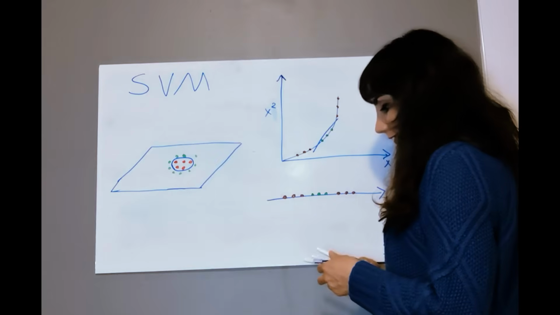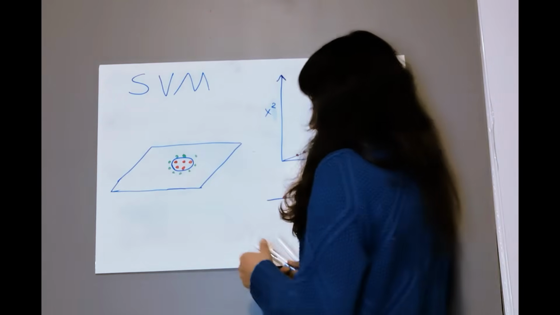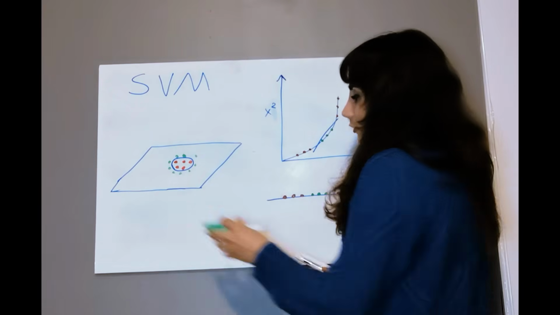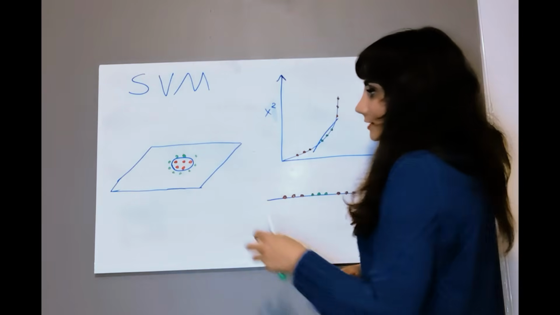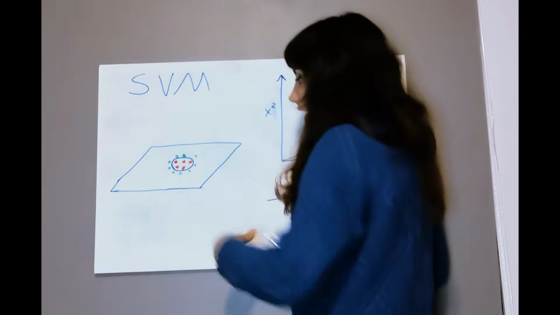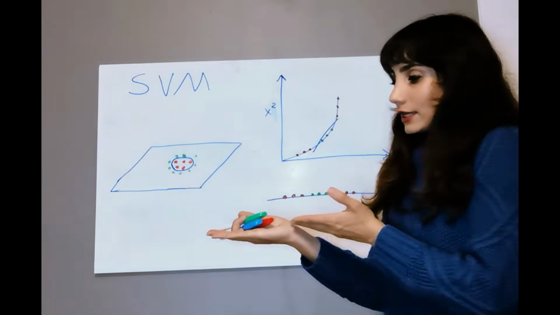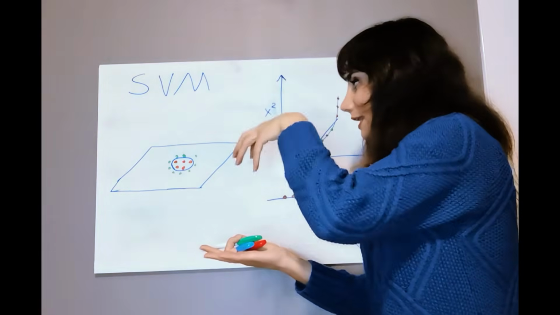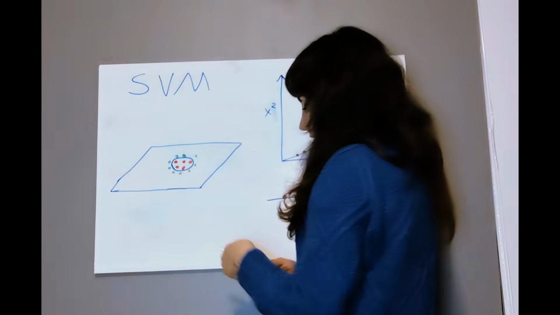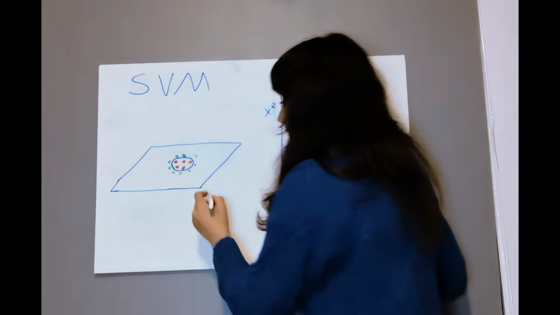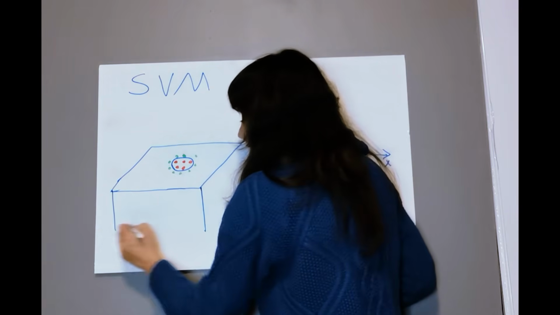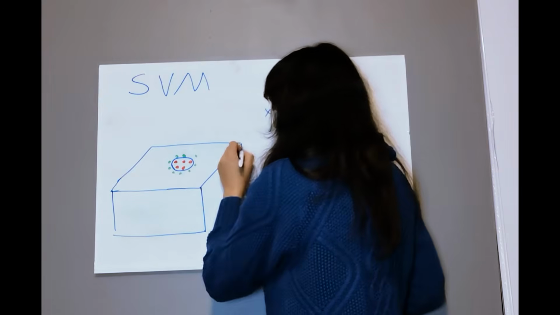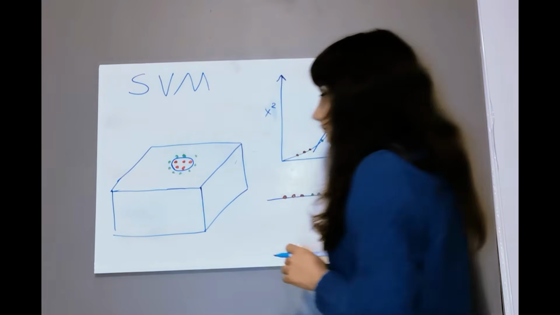So right now you have all of your data points, and you're looking at it from the top. Imagine this is a plane that we are looking at from the top, and we see all of these data points. Now I'm going to give it another dimension, so now it is like a box, right?